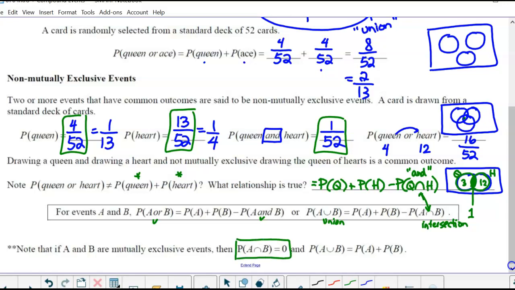There will be nothing that overlaps. So you would end up having 0 in here, right? So subtracting 0 doesn't change anything. So you could actually use that formula for any. And I think we're going to stop there because the next thing is compound events, and that's what we're going to do on Tuesday.